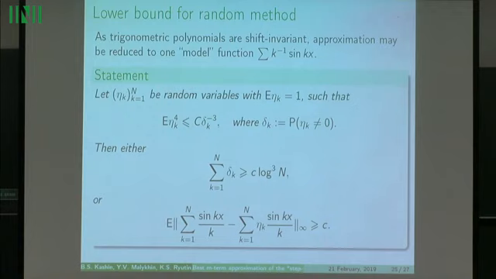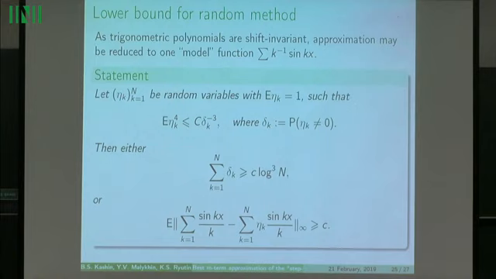So let eta k be random variables such that the expectations are 1. There are some estimates for the moments of these variables, and delta k are the probabilities that these variables are non-zero. Then we have the following alternatives.